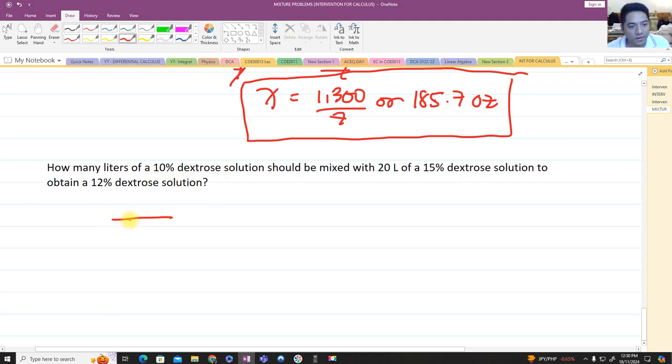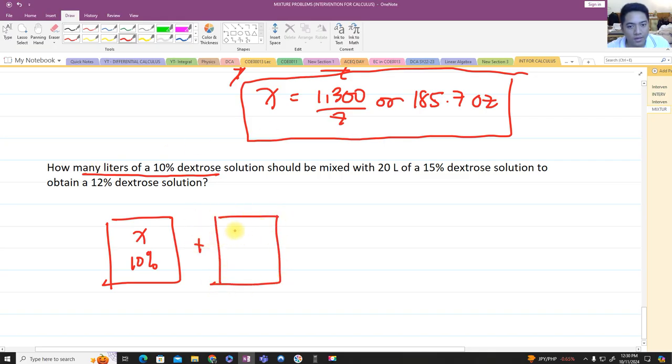So again, we have how many liters of 10%, that's what the problem said, should be mixed with 20 liters of a 15% dextrose solution to obtain the desired mixture of 12%.